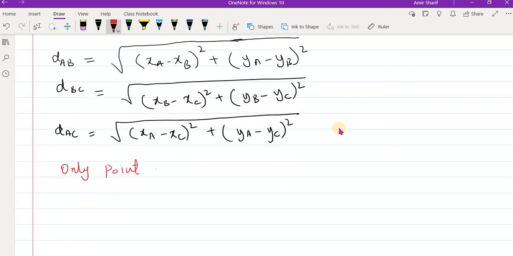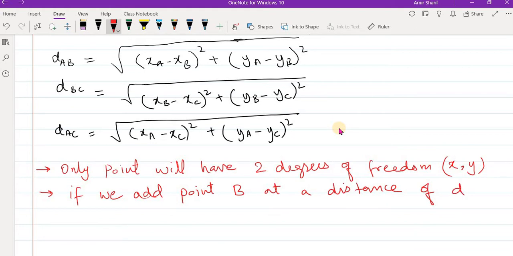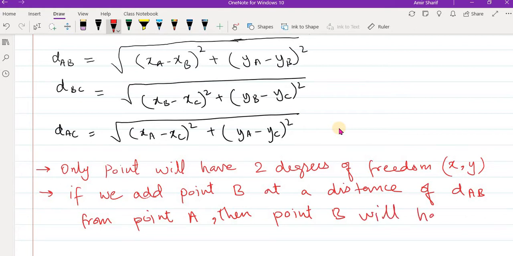Only point A will have 2 degrees of freedom, which is X and Y. So if we add point B at a distance of DAB from point A, then how many degrees of freedom will point B have?